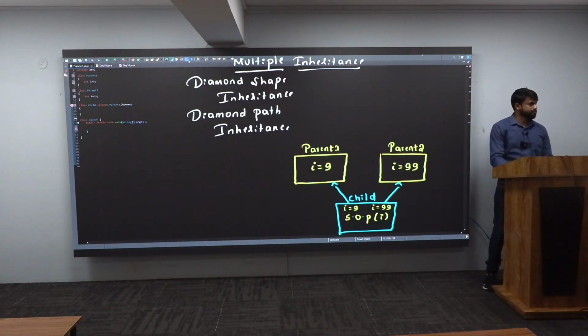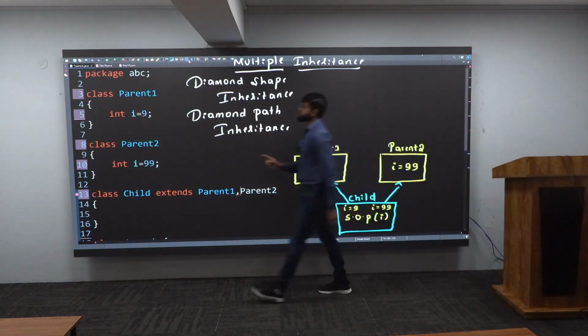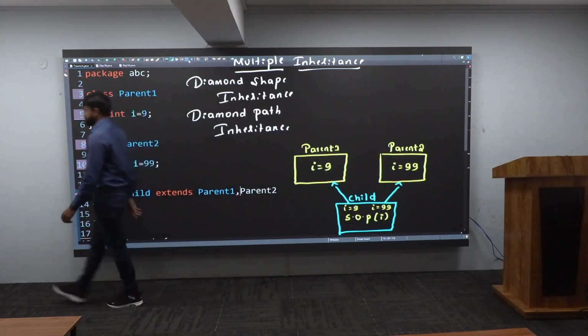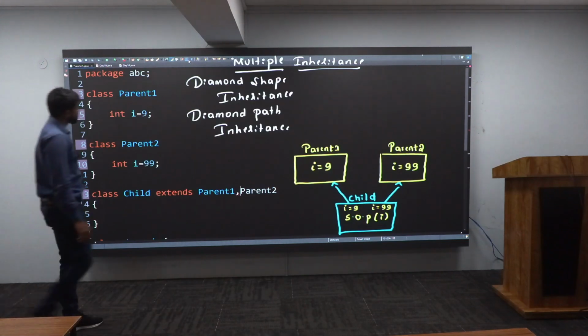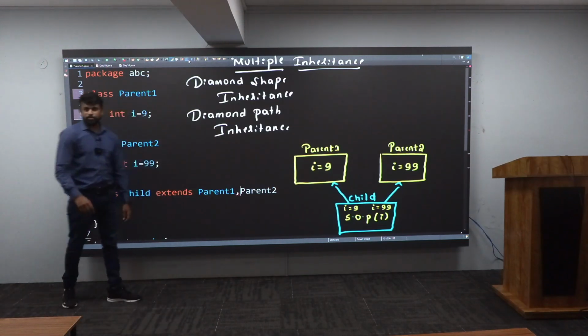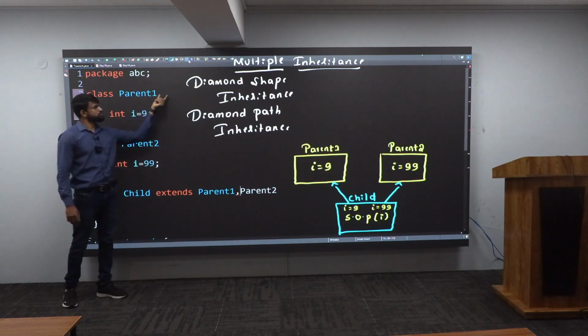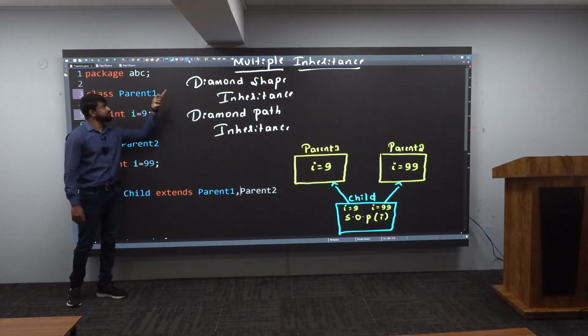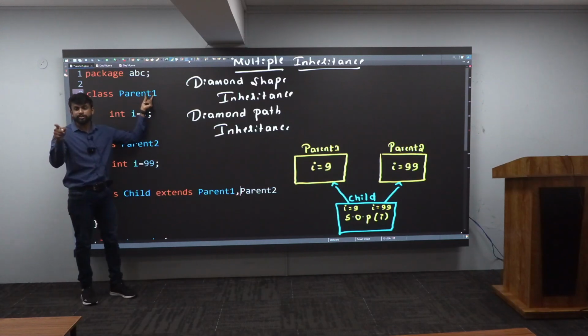This is my program. Ask. Who is the parent for parent 1? Grandparent. Where is grandparent? Who is the parent of parent 1? If you notice there is no extends, means there is no parent for parent 1, is what you are thinking.